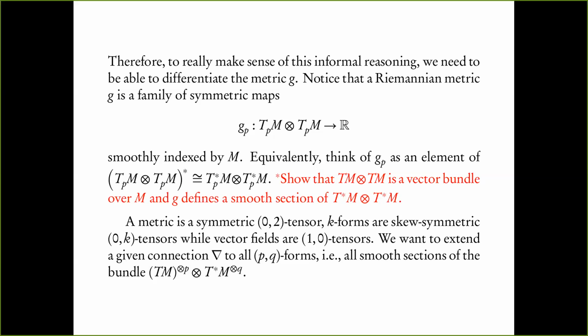And T star M is contravariant because you can always pull back. So when you have a map from M to M, you get a map from T star M. It is in that sense that it's covariant, contravariant. But in this particular case, this is a very specific thing. So it is agreeing with what you're saying, because the P part corresponds to things in TM, and the Q part corresponds to things in T star M. And one is covariant, the other one is contravariant.